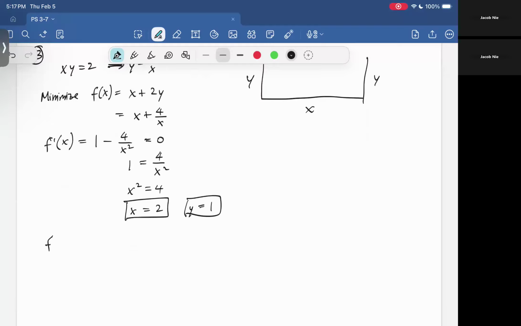Lastly, we need to check that this is a minimum. The second derivative of f is 8 over x cubed. So that means the second derivative at the critical point is 8 over 8, which is 1, which is greater than 0. And so x equals 2 is a minimum, because we have a concave up situation.